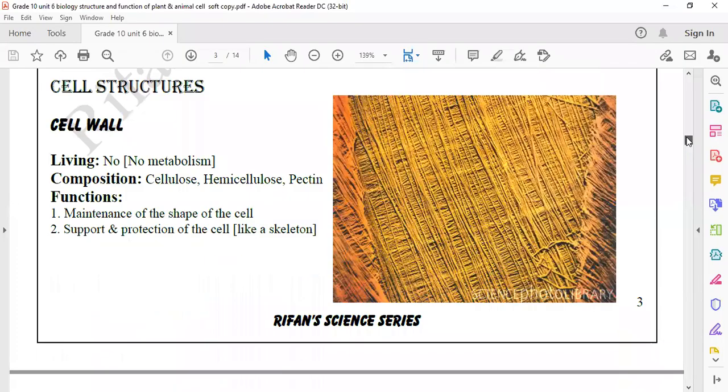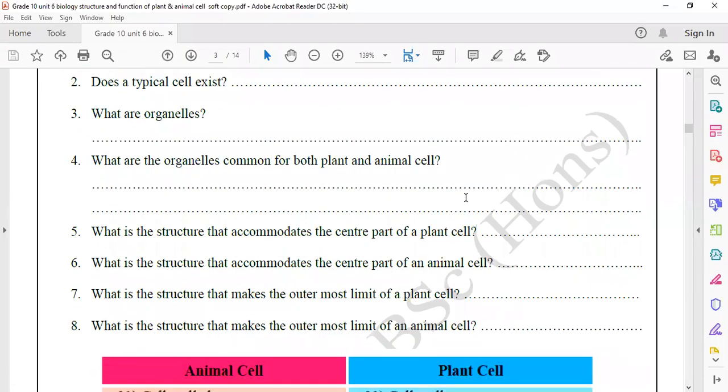In the third page, have we answered these questions?